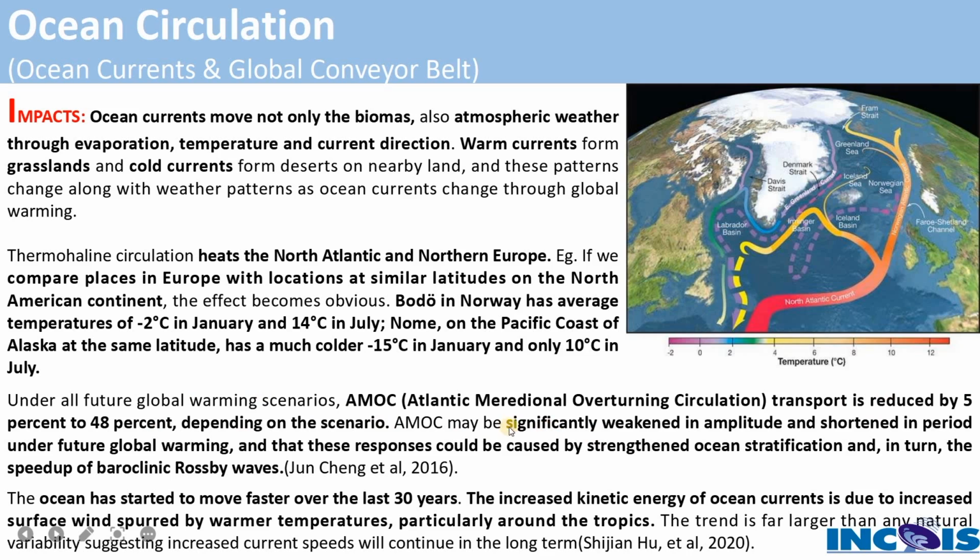They also say it is going to be significantly weakened in amplitude as well as shortened in period under future global warming scenarios. These responses could be caused by strengthened ocean stratification, which in turn speeds up the baroclinic Rossby waves.